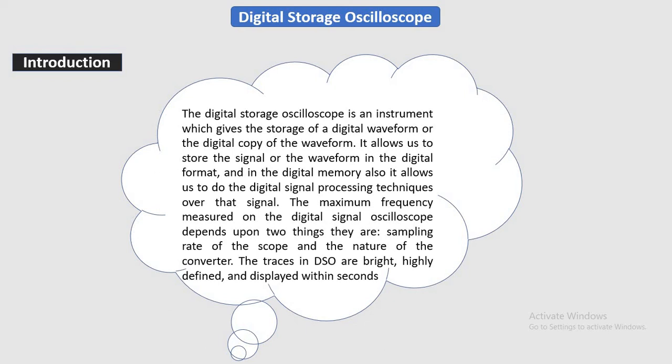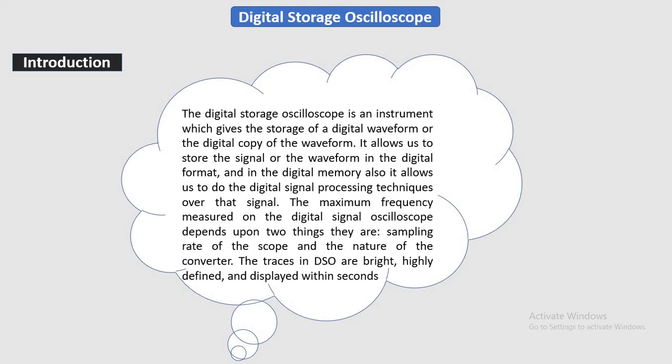The digital storage oscilloscope is also one type of oscilloscope used to display the waveform, but the difference between CRO and DSO is that in DSO the digital signal is converted into analog, and that analog signal is displayed on the screen of the DSO.